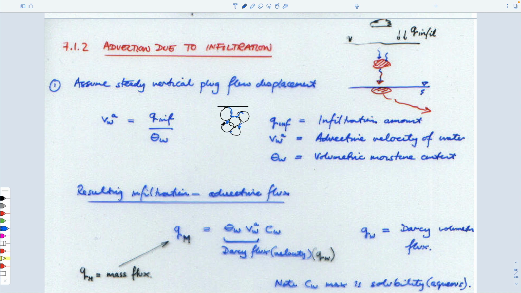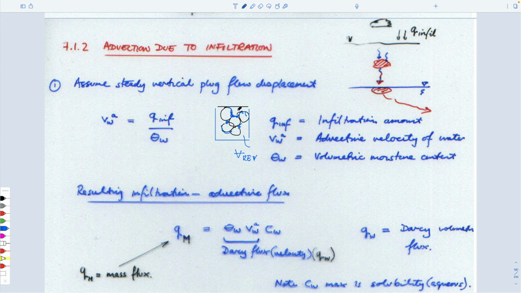Most of it's air-filled, but you'd have a monolayer of water around every grain, and some of the pores would be filled with water. And so this is the proportion of the total REV. The total volume of the REV is this square volume here, and this is the part of it which is water filled.